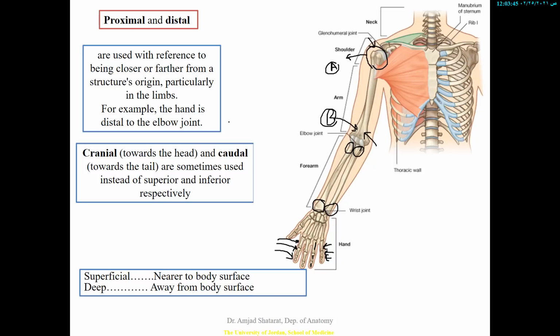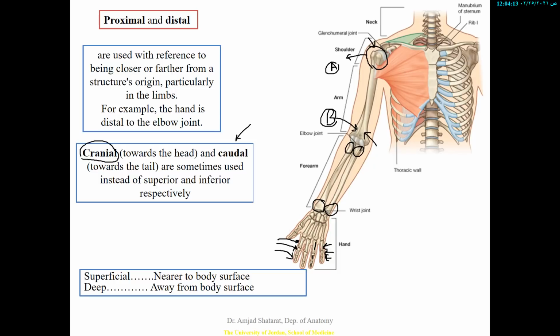Let's talk about caudal and cranial. These are terms that are associated with embryology, with development. The embryo has no anatomical position, and therefore to make it easier for us, we refer to the part that gives off the head as the cranial part, and to the part that develops into the tail as the caudal part.